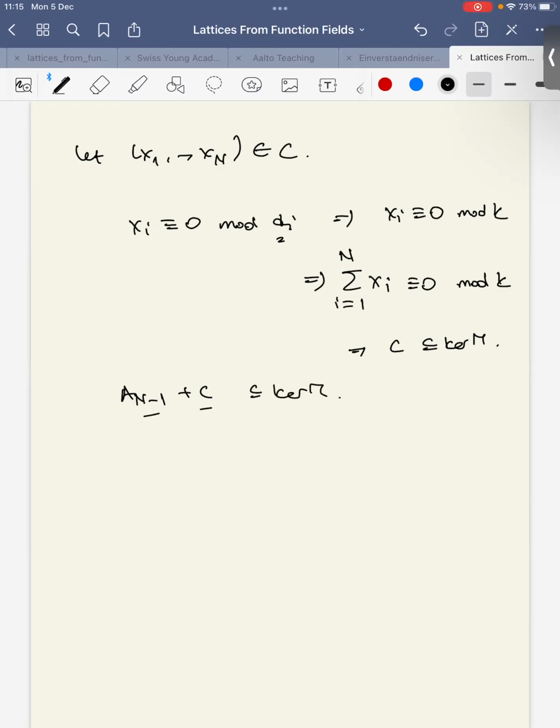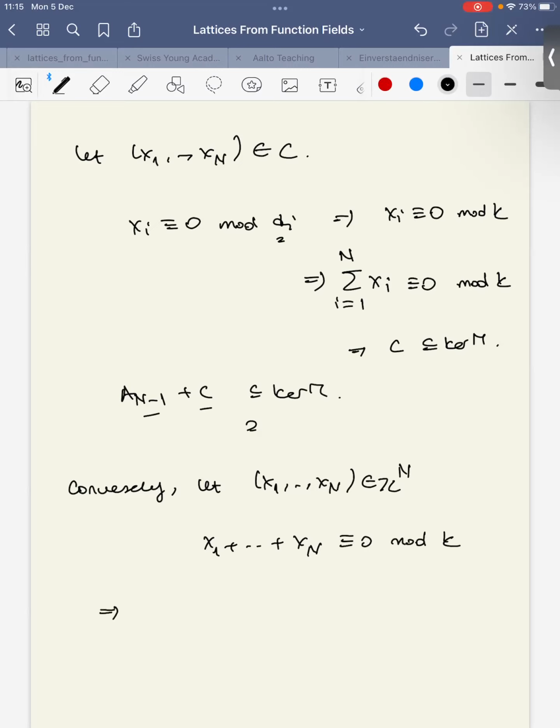And conversely, let me consider an integer n-tuple, and we want to see the other inclusion, such that its image is in the kernel. Let me consider an n-tuple which lies in the kernel. Then, by basic arithmetic, we know that this sum is equal to r times k for some integer r.